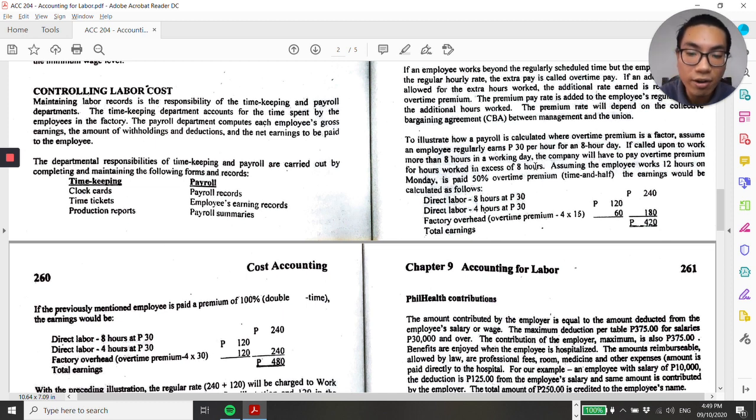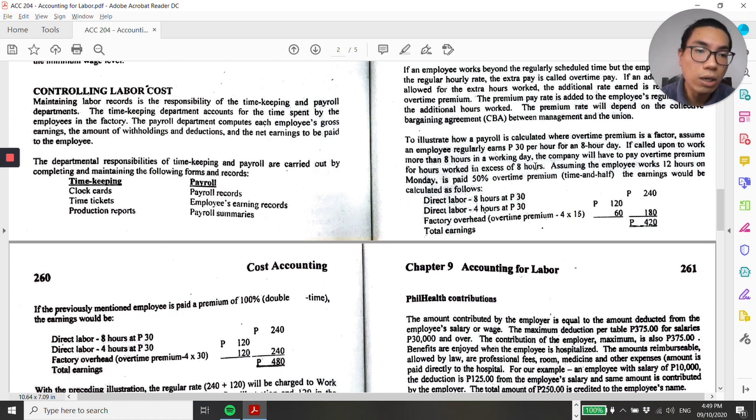If it is 12 hours on Monday, that means there is overtime. So he has 4 hours of overtime and is paid 50% overtime premium, time and a half. The earnings will be calculated as follows. For this problem, he works a regular 8 hours.